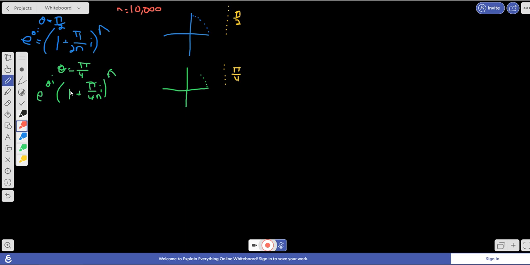The same thing's going to happen with pi over 4. Each distance on this curve, and you're going to have almost an infinite number of points from here to here, the distance between them is always going to be, in this case, pi over 4 over 10,000.